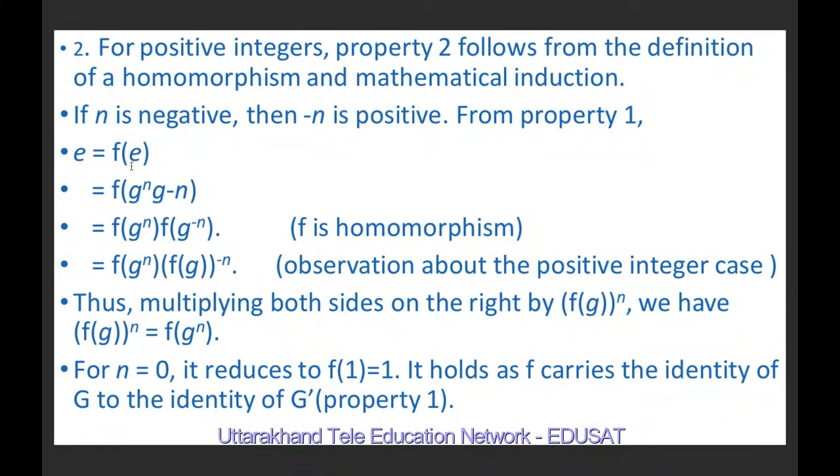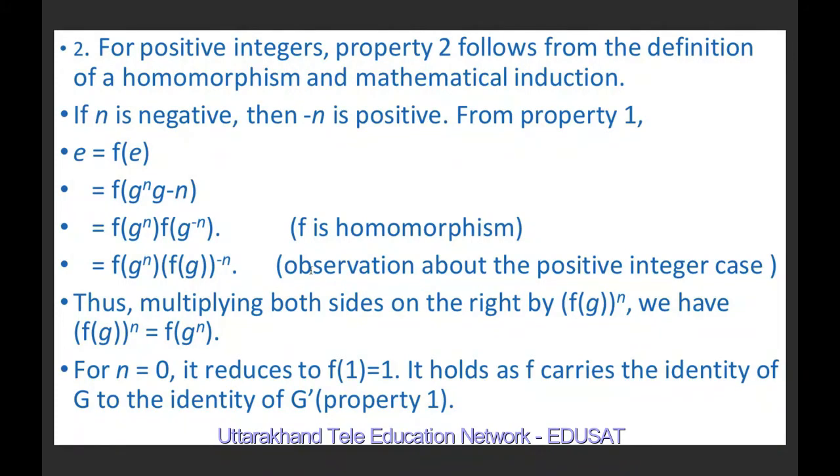So e can be written as g raised to n into g raised to minus n. And because f is a homomorphism, f of g^n g^(-n) can be written as f of g^n into f of g^(-n). And this is equal to f of g^n into f of g raised to minus n, because we have proved the case for the positive integers.